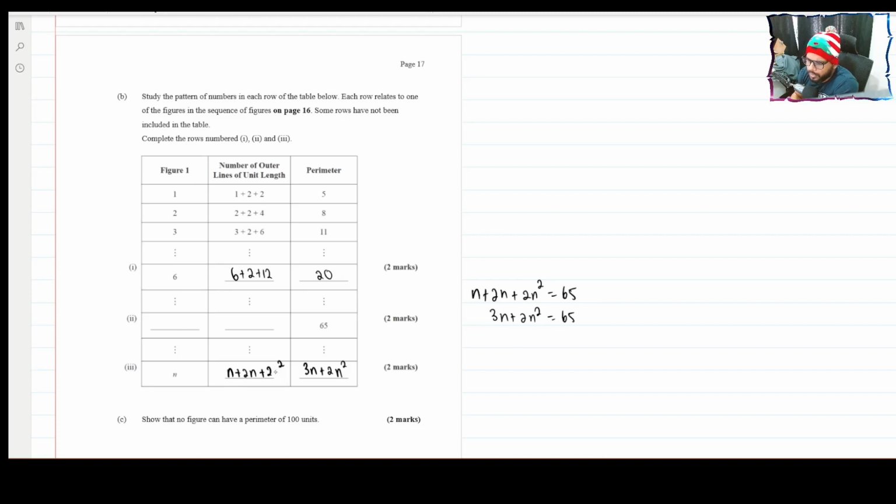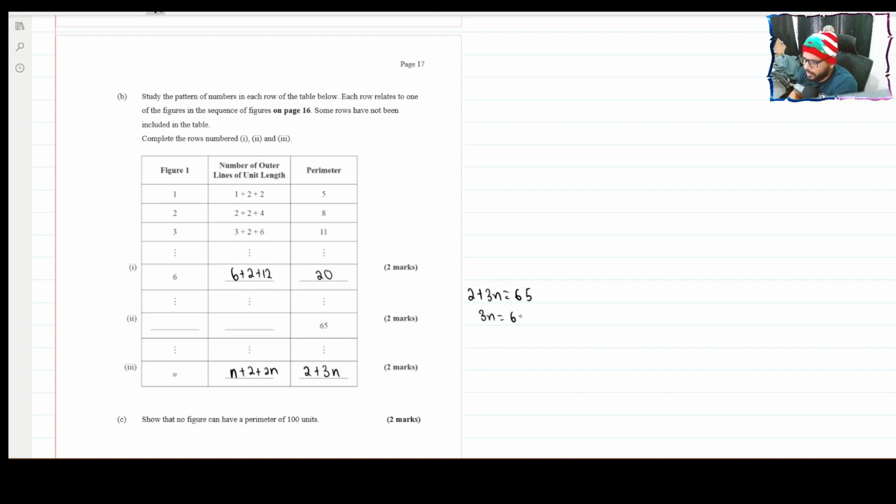Oh shucks, why did I have n in the middle there? My bad. It's n plus 2 plus 2n, so that's going to be 2 plus 3n. Good. So we have 2 plus 3n is equal to 65.